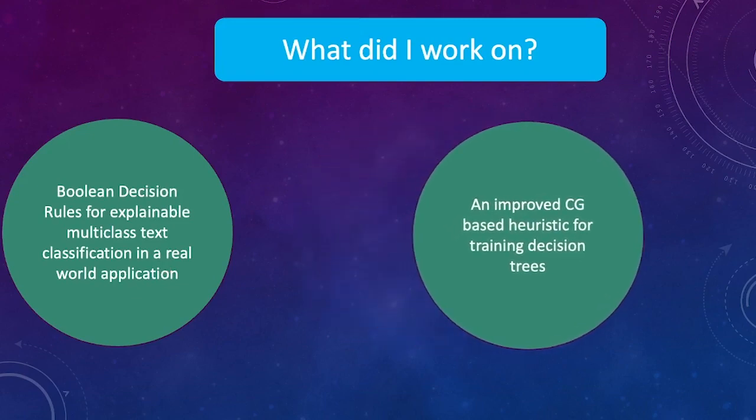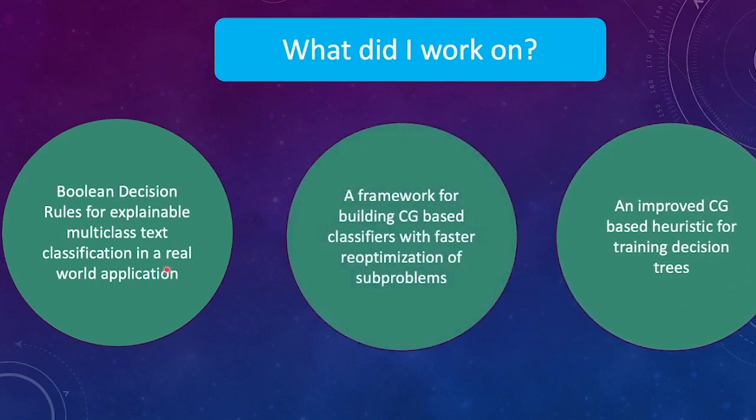And my third project was a software framework for building all sorts of classifiers that use column generation. I learned a lot of things about column generation and faced a lot of different issues while implementing these 2 different classifiers. This framework essentially makes it easier to create new classifiers that are based on column generation.